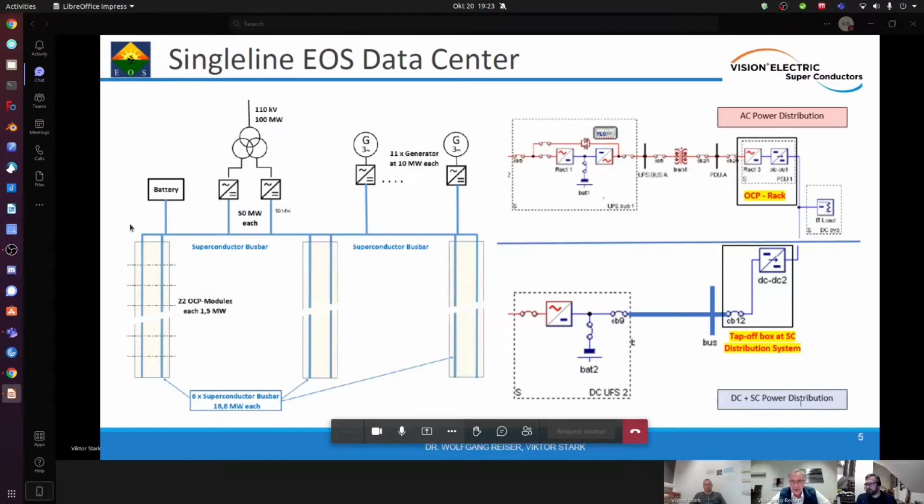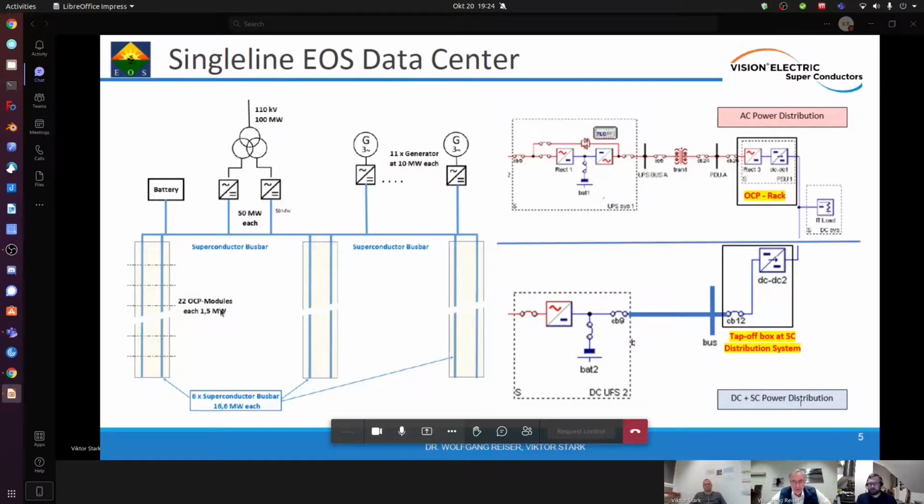We have subdivided the whole data center into 3 rows, and each row consists of 22 modules, and in each of those modules it is possible to house servers or storages or other IT devices with a total power of 1.5 megawatt, 1,500 kilowatt.